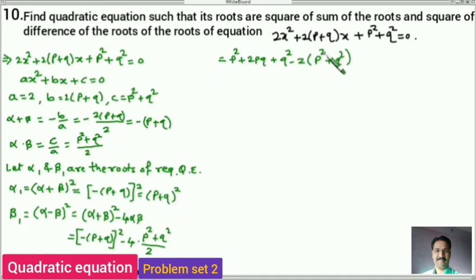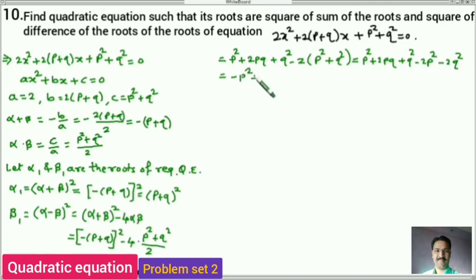So what can we write here now? We'll get P square plus 2PQ plus Q square minus 2P square minus 2Q square. So in all what will we get? That is P square minus 2P square, that is minus P square.